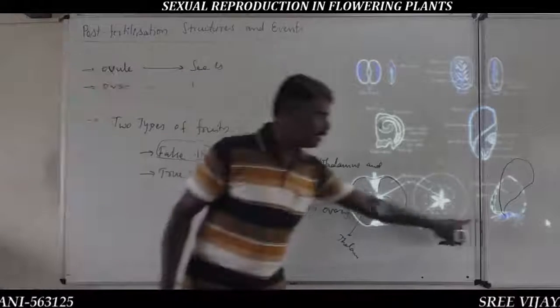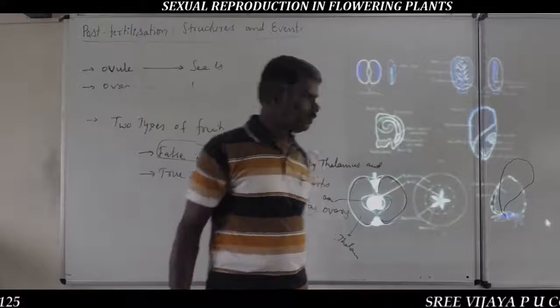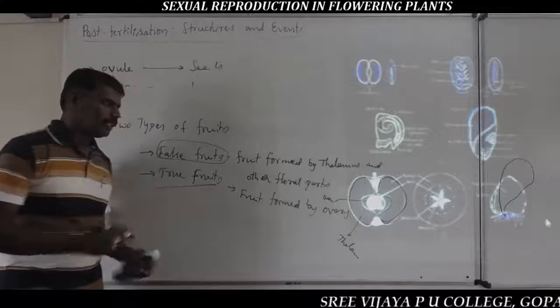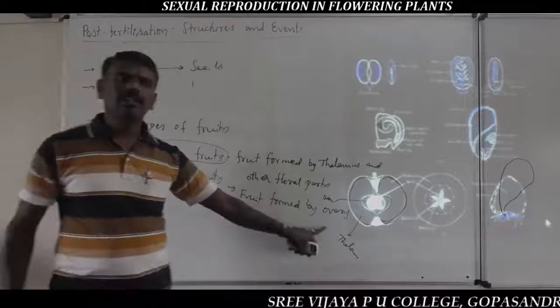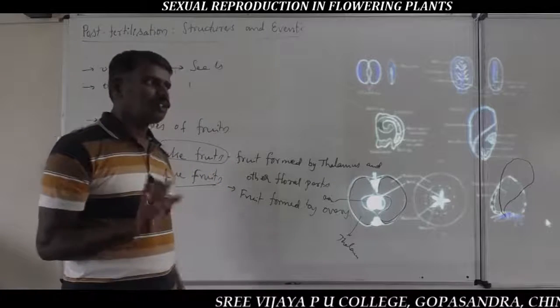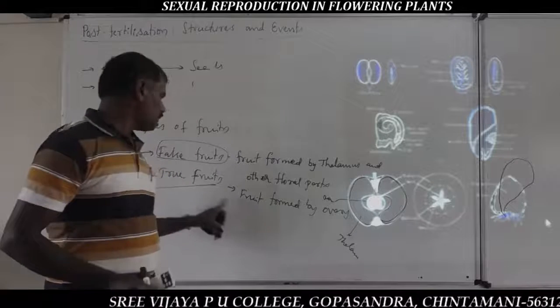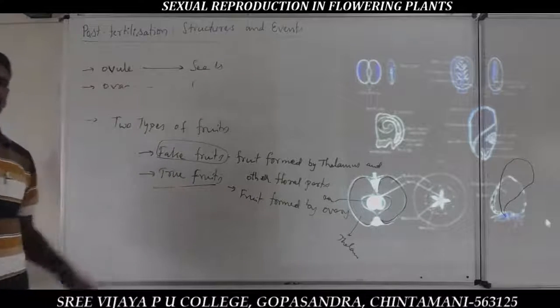The same is true for strawberry. True fruits are those formed by the ovary only; only the ovary part takes part in the formation of the fruit. Those fruits are called true fruits.